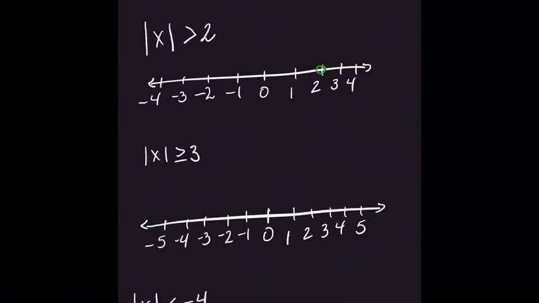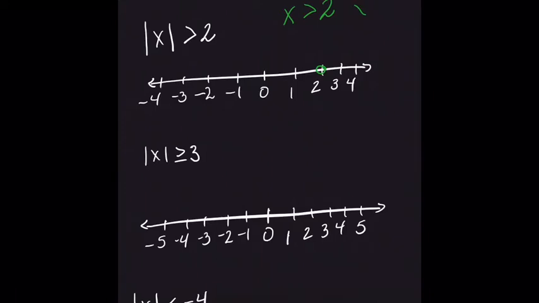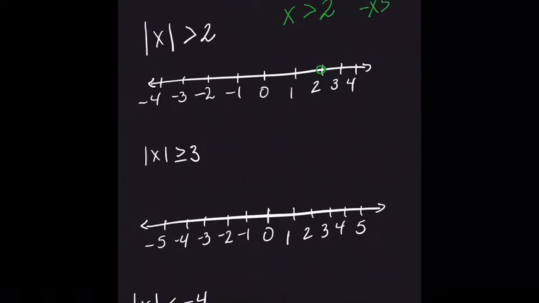But what we know is that x is greater than 2, and that x is also less than negative 2. Here, let me redo that so that it makes more mathematical sense. x could be positive or x could be negative.